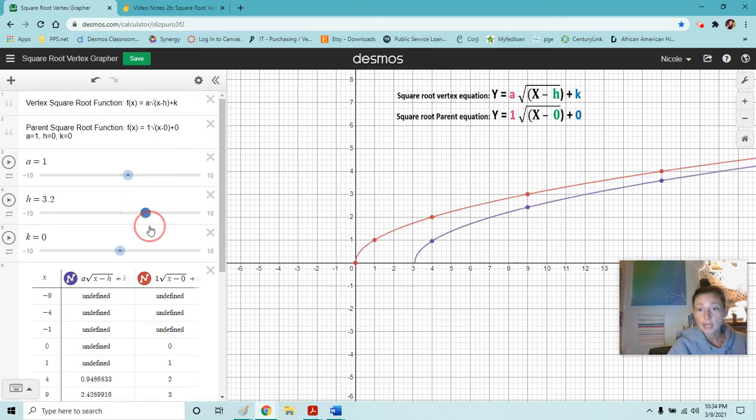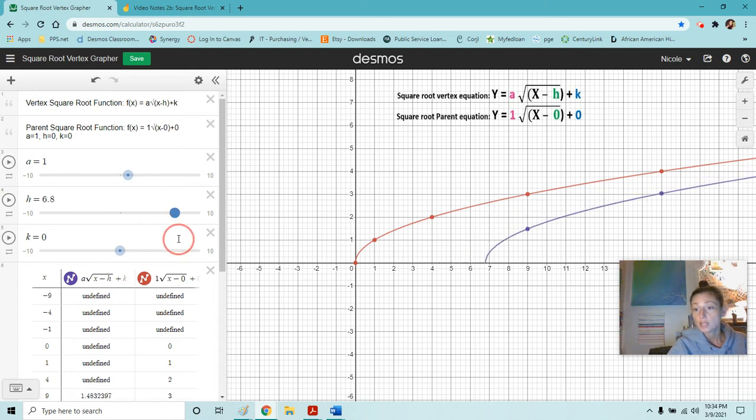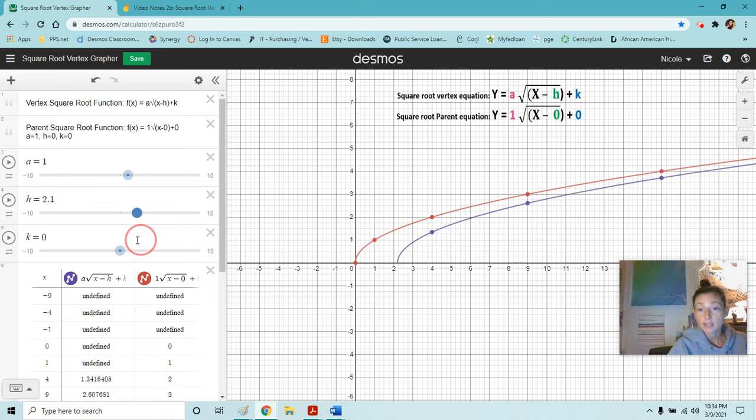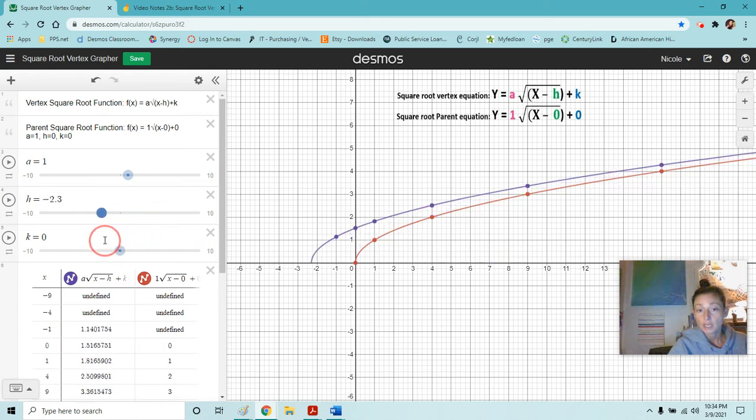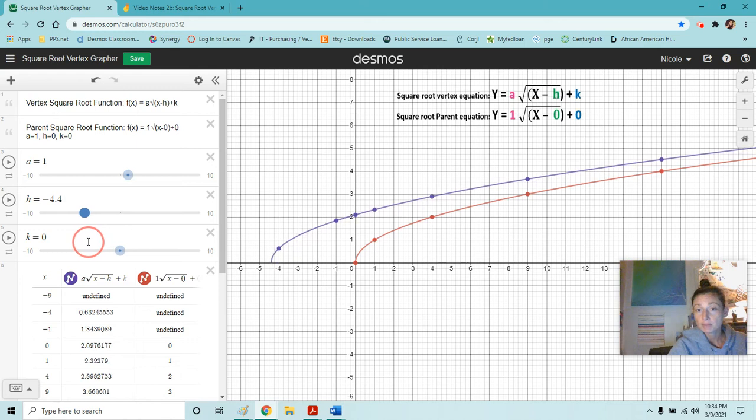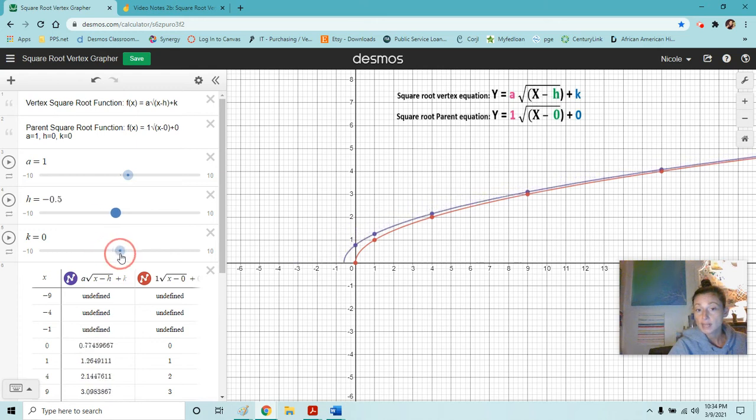And we see that the whole graph is shifting towards the right. It's the same shape of graph, but it's shifting towards the right. And then if I make this negative, it's the same shape of the graph, but it's just shifted towards the left. So that's just going to affect right and left.